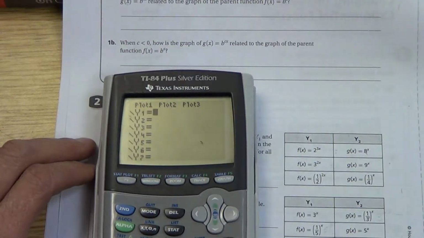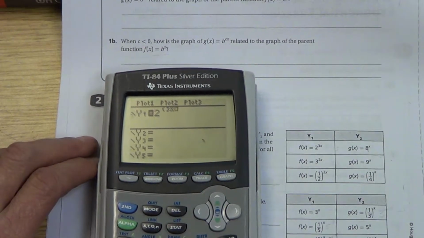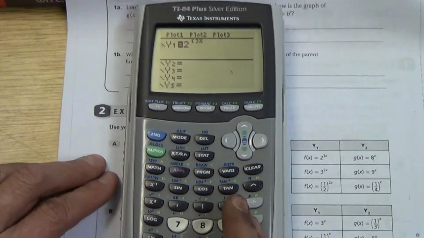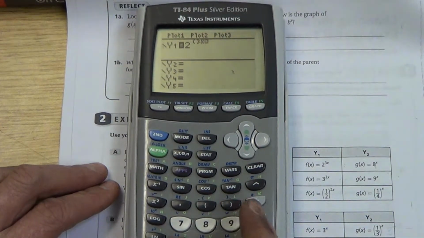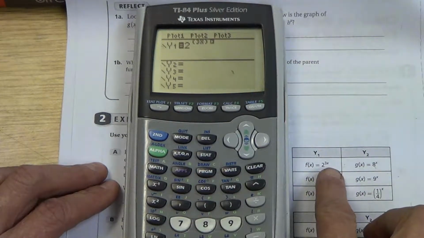We're going to enter 2 raised to the 3 alpha x, move it up here where you can see what I'm doing, alpha x, closed. That is our first graph that they want us to look at.